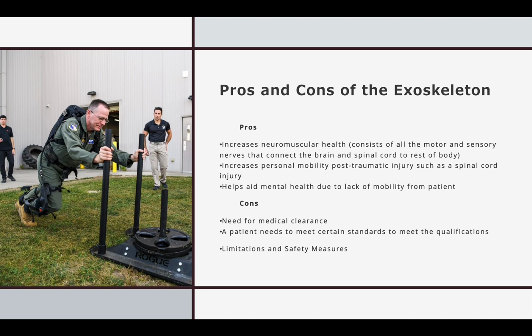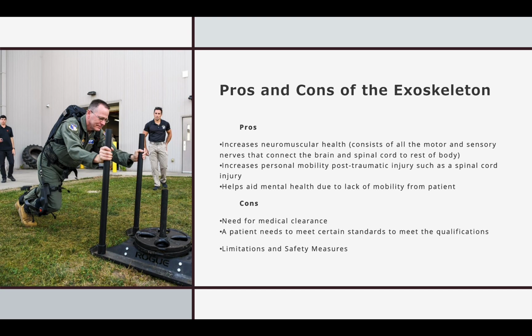Some cons about the exoskeleton are that it's very hard to get medical clearance for it, just because of insurance purposes and certain injuries that don't meet the standards, requirements, or qualifications for you to get the exoskeleton, just because it is pretty new. So getting cleared for something like this is very difficult. Like I said earlier, a patient needs to meet certain medical standards and qualifications.